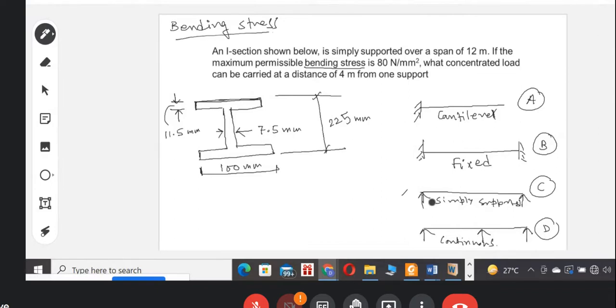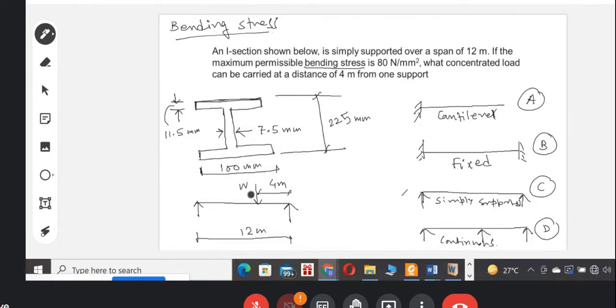What is this C? It says it is carrying a concentrated load at a distance of 4 meter from one support. Say this is 4 meter, total is 12 meter. Say this load is W, because we have to find out this W. What will be the steps from this?